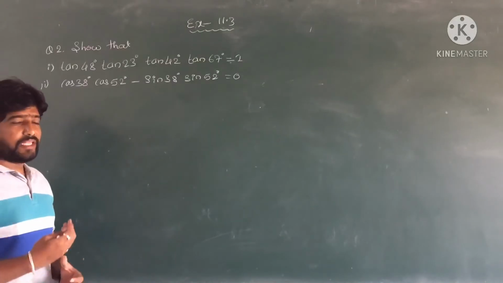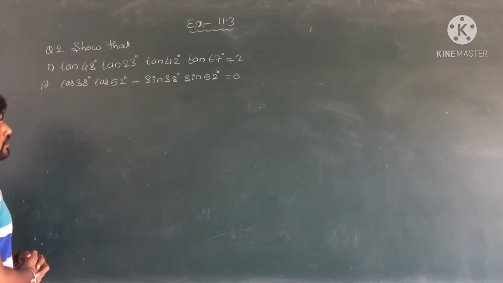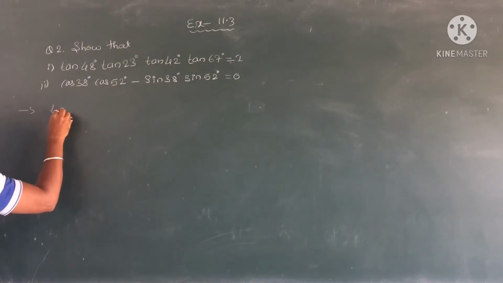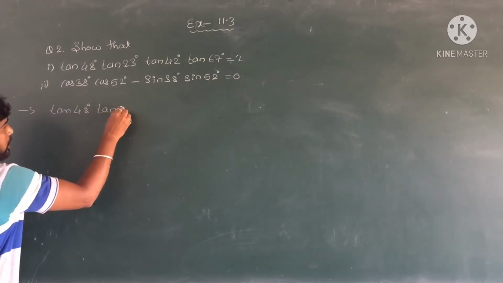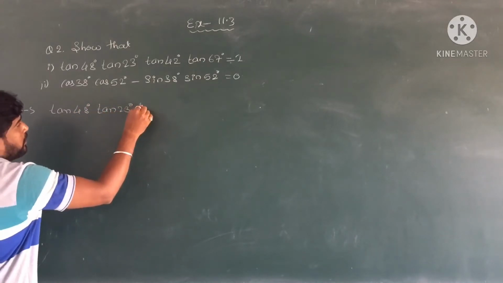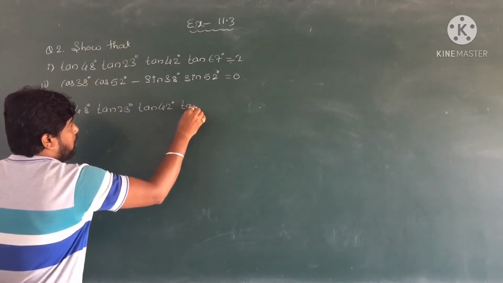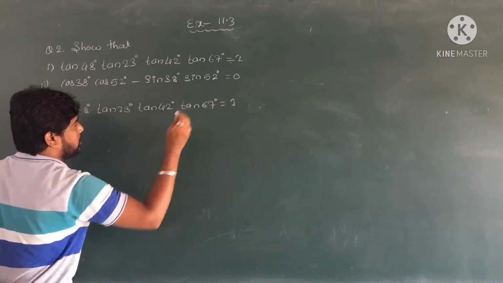Any doubt? So well students, the next one, the second question: show that the first one, tan 48 tan 23 tan 42 tan 67, is equal to 1. So write our first given question: tan 48 degrees, tan 23 degrees, tan 42, tan 67 is equal to 1, right?